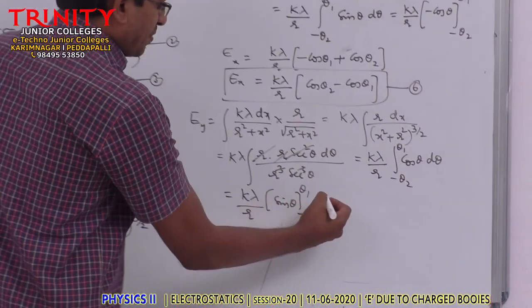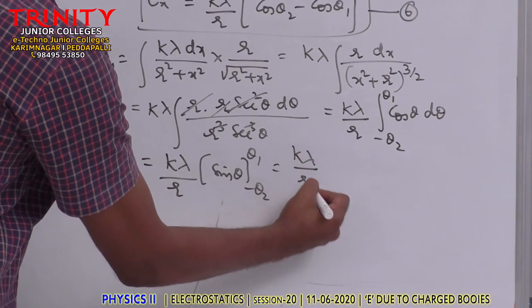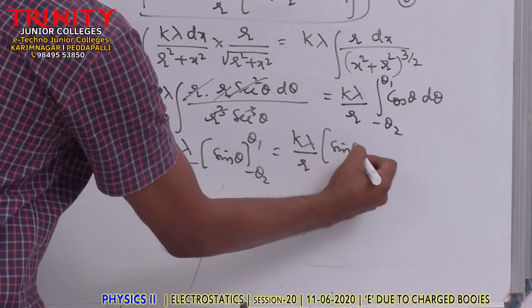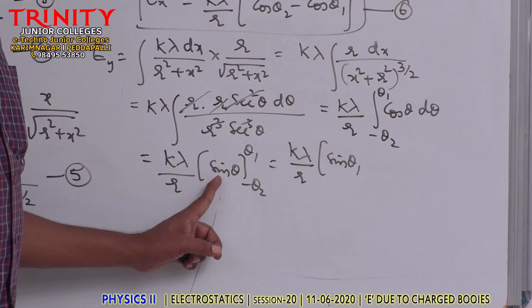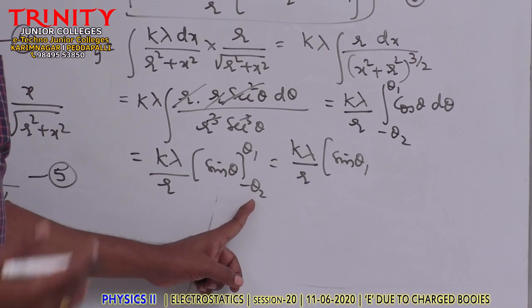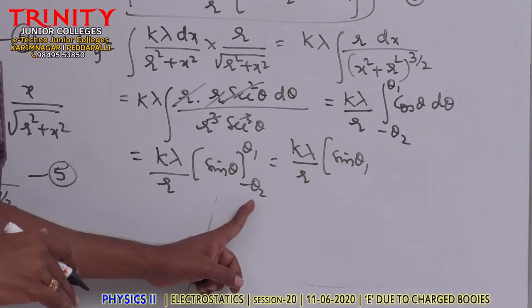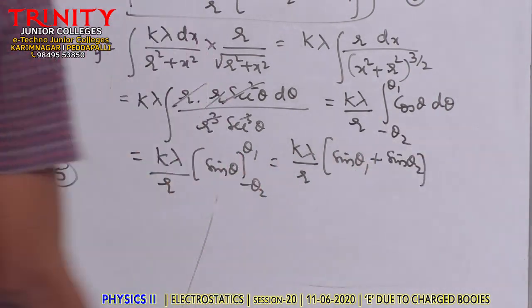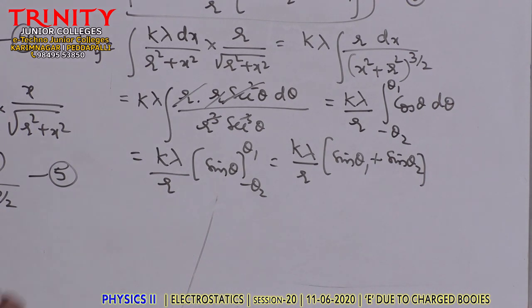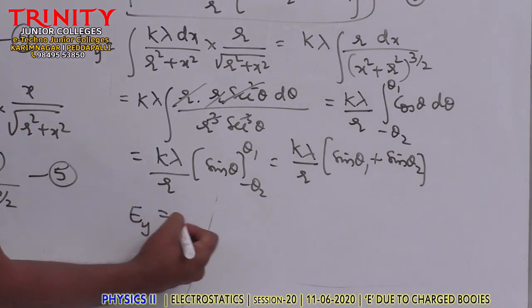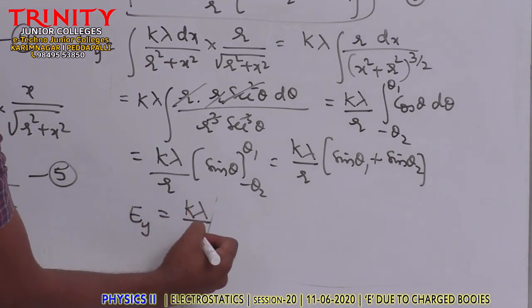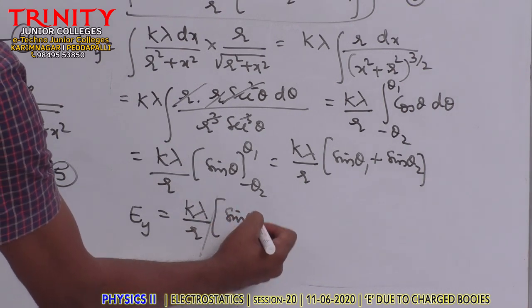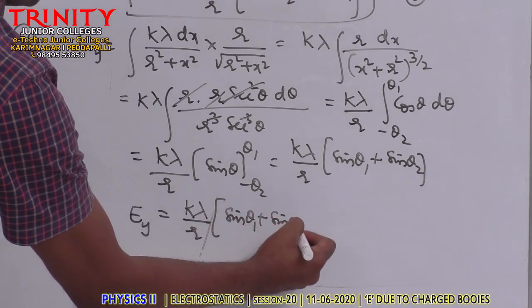Then substituting the limits, you will get k lambda by r, sin theta 1 minus sine of minus theta 2. Sine of minus theta is minus sine theta. Therefore, you will end up with plus sine theta 2. So, finally, we got the formula for Ey, k lambda by r into sine theta 1 plus sine theta 2.